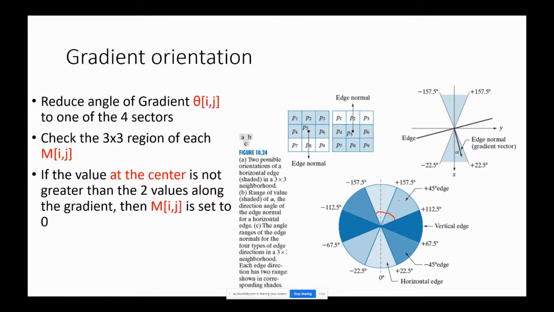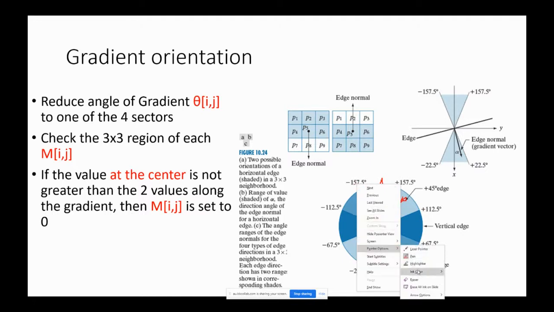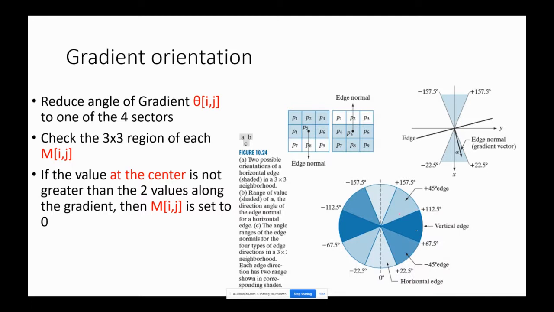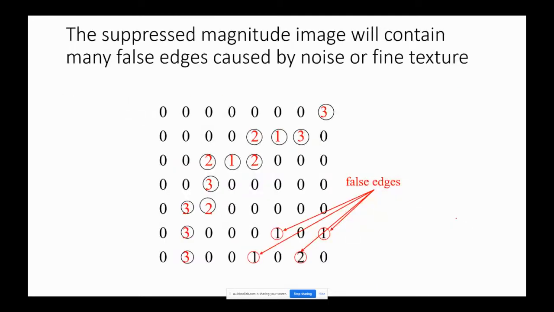If any value of the gradient falls in this interval, I say that it will be 45 degrees. If it falls here, it's going to have the value of this angle here, between 155 and minus 155, and so on. So basically, it's a segmentation of the gradient value.